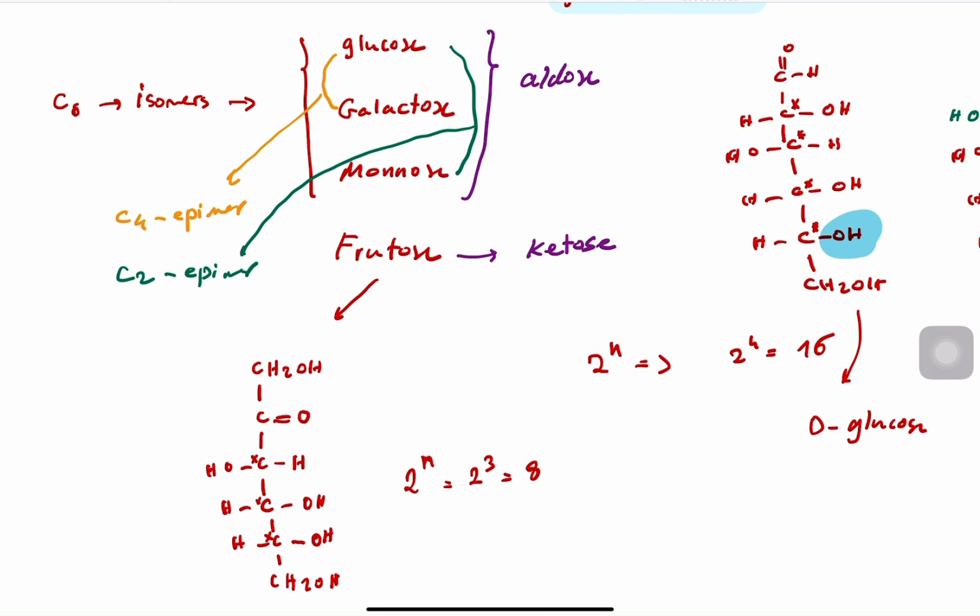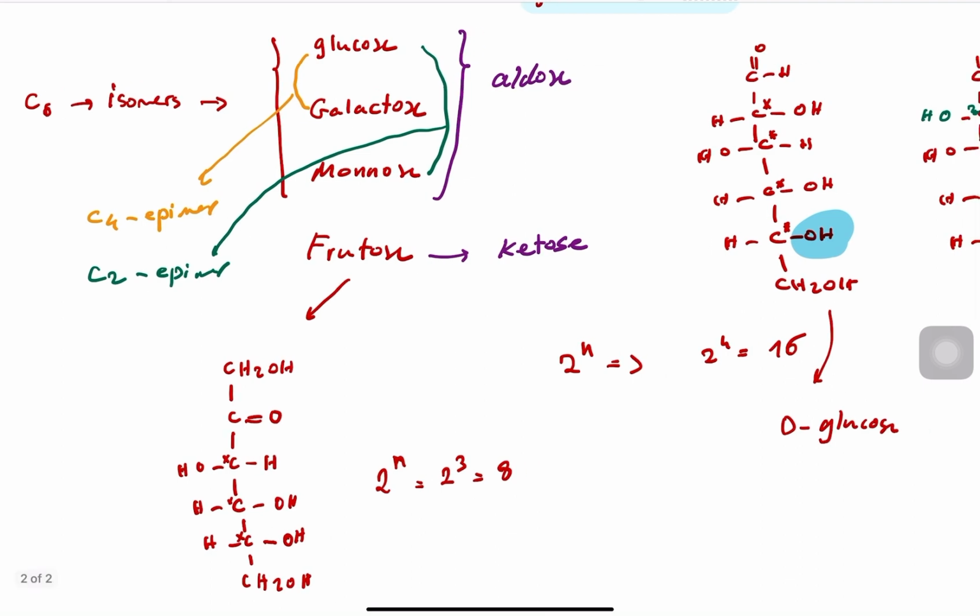Then the relation between fructose and aldose or hexose is the structural isomer or constitutional isomer, because they have a different functional group. The first group is the aldehyde, and the second group is ketose.